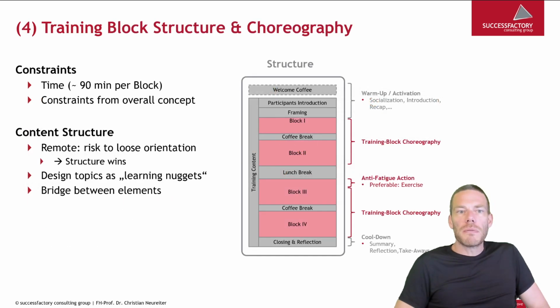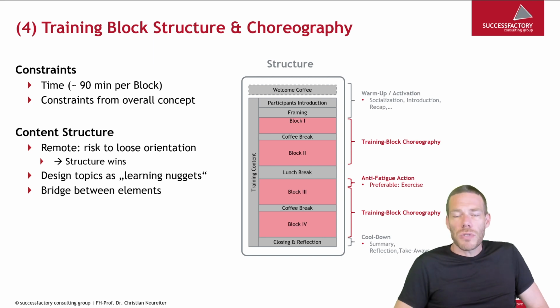Which means that we are doing the whole training with all the individual training blocks that we have. And for all these training blocks, we have a different choreography to be considered, because of course we have to deal with some constraints.